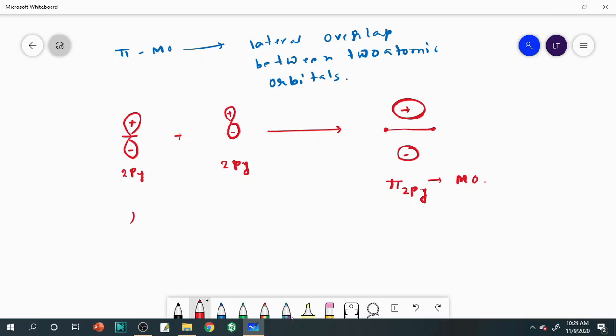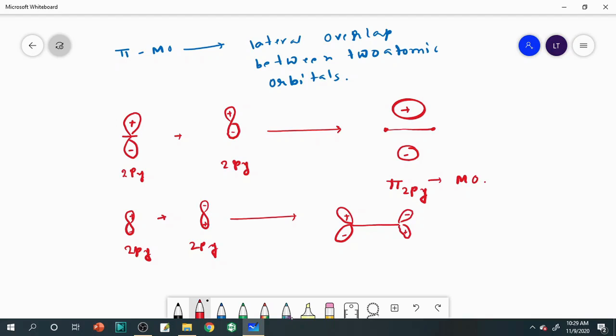Similarly, we can also draw in the same way, say this is plus, this is minus, and this is minus, this is plus. So here plus, here minus, so an antibonding interaction will occur between these two py orbitals. In this way the pictorial form is like this. This is plus, this is plus, and this is minus, and similarly this is minus and this is plus.